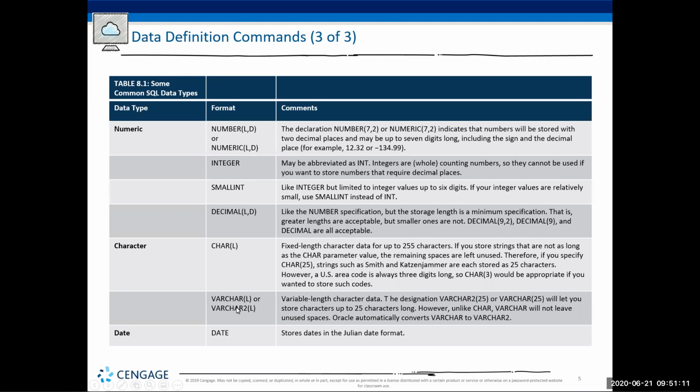For example, if you say first name is the attribute, and then you say that's a variable character, meaning the characters that make up the data value in this attribute field can vary in length. That's what varchar means. But even though you say it's variable in length, you can still set the maximum length, or L, to only 25 characters, because the likelihood of somebody having a first name longer than 25 characters is very, very low.